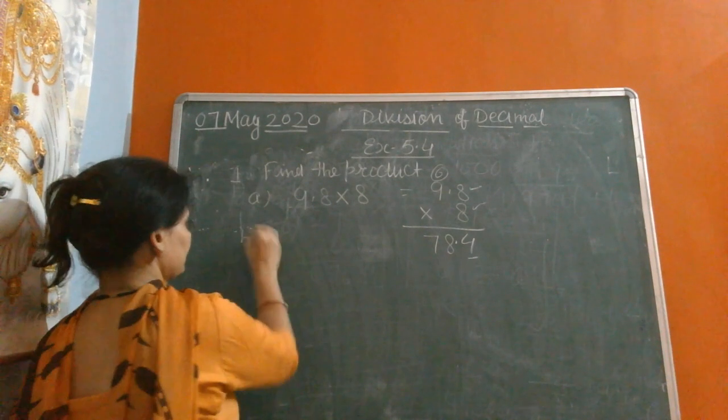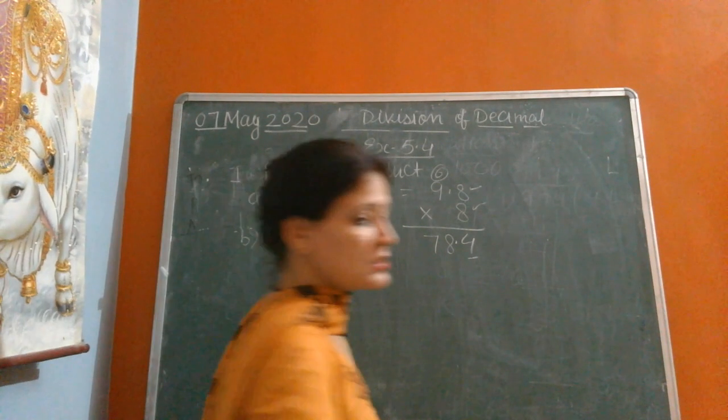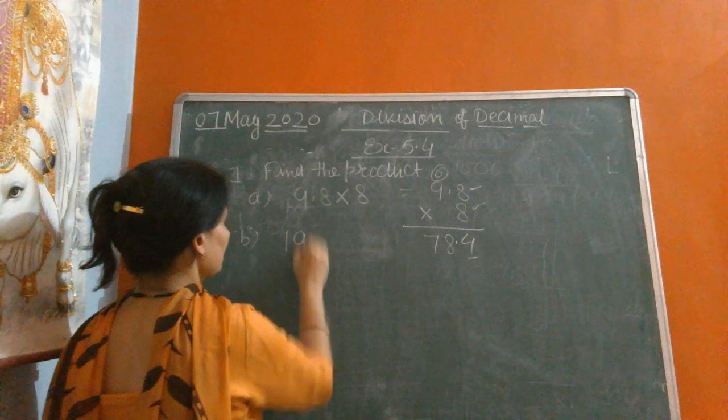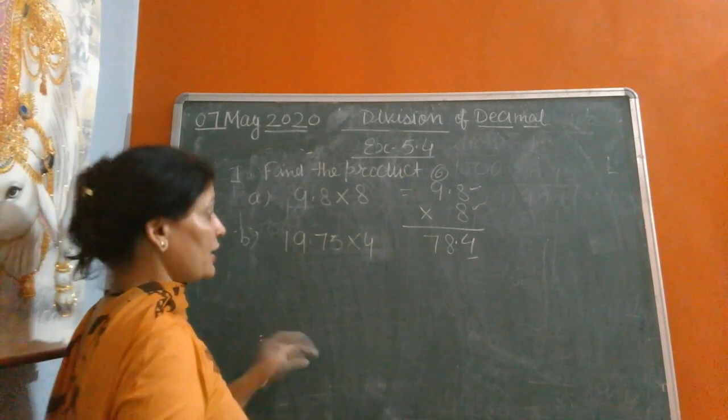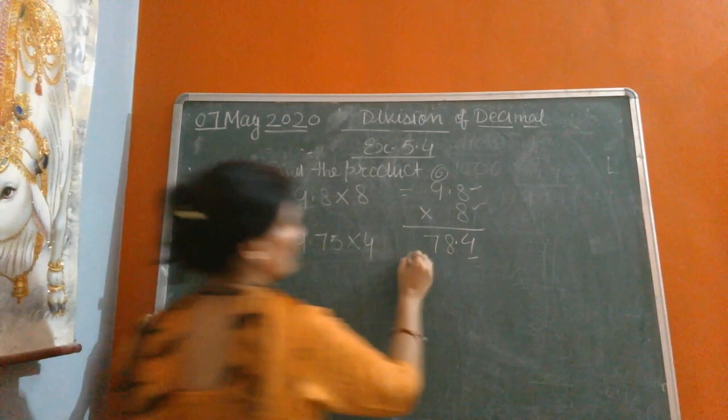Part B is 19.75 multiplied by 4. Again we will arrange this number.